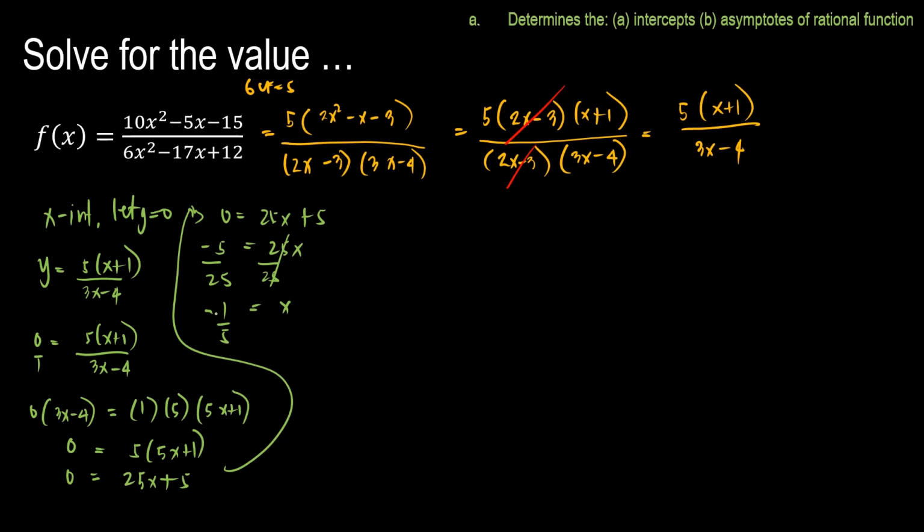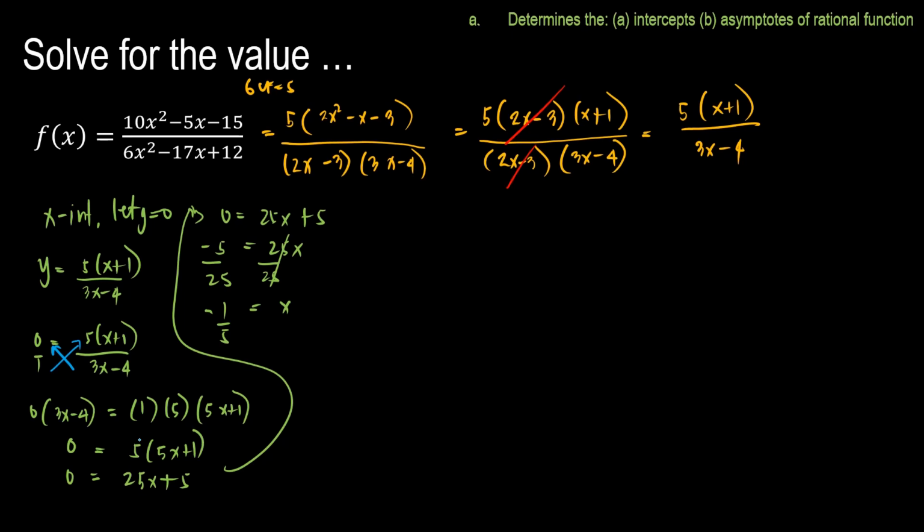Okay, let's recheck our solution. So we substitute y to 0, then 5 times (x plus 1) all over 3x minus 4. You do the cross multiplication. Okay.